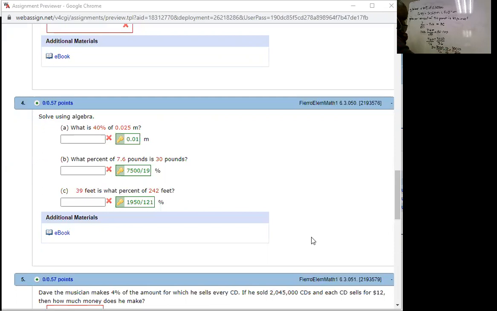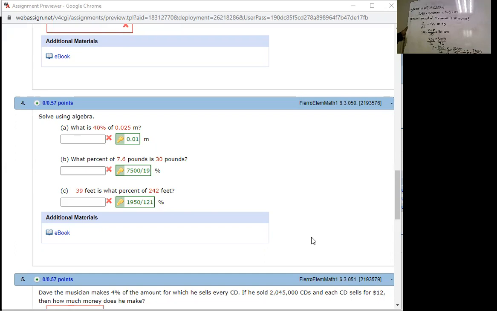This will give me 30,000 over 76. And to reduce 30,000 over 76, if you divide the numerator and the denominator by 4, I know 30,000 divided by 4 would be 7,500. And then 4 goes into 76 19 times. And that's exactly the answer that I got.